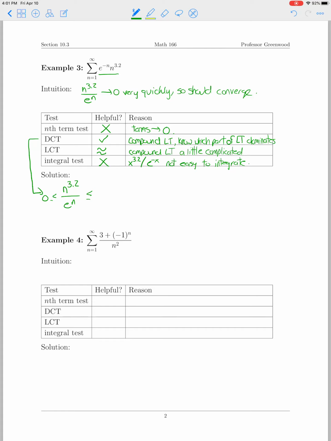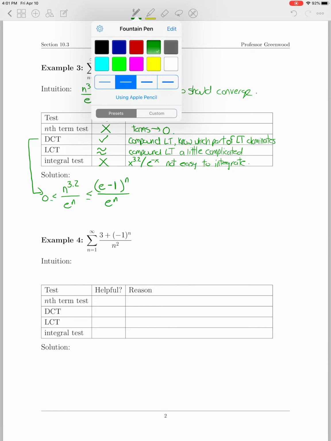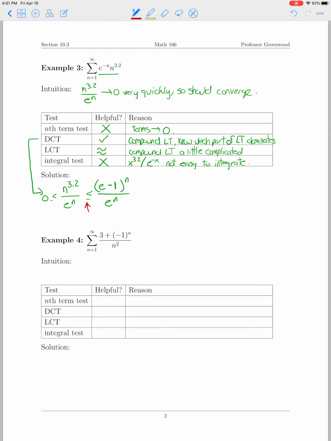And so we could choose anything here, like e minus 1, for example, to replace that, to the n over e to the n. And so this is true, again, because exponentials are bigger than polynomials.